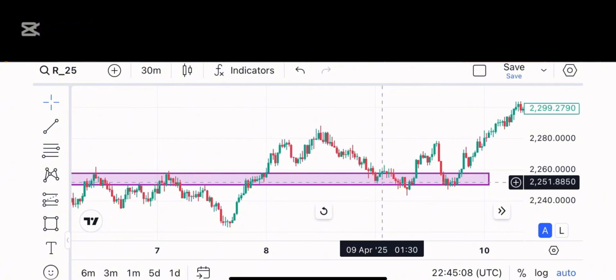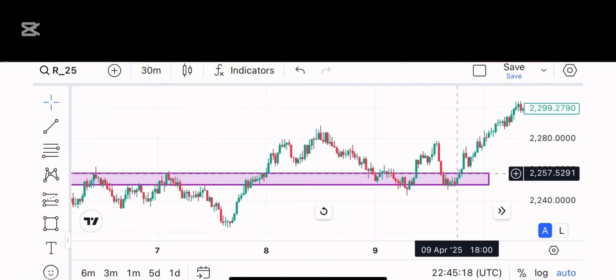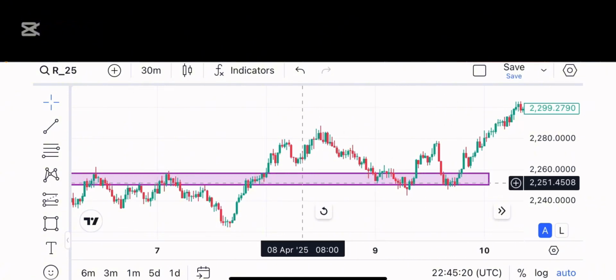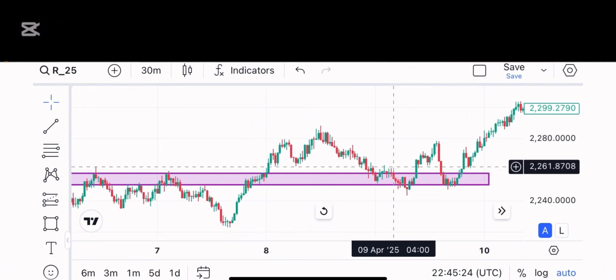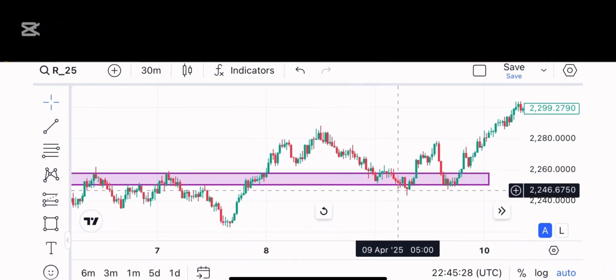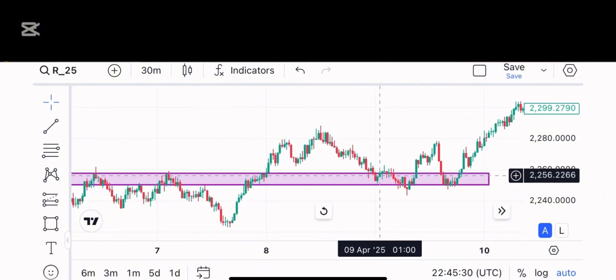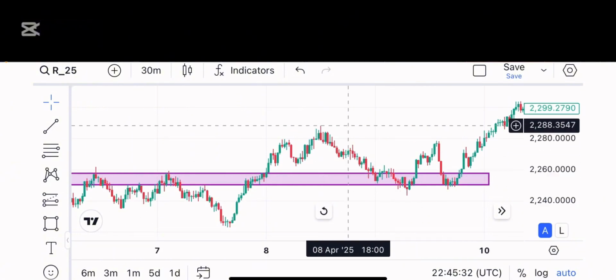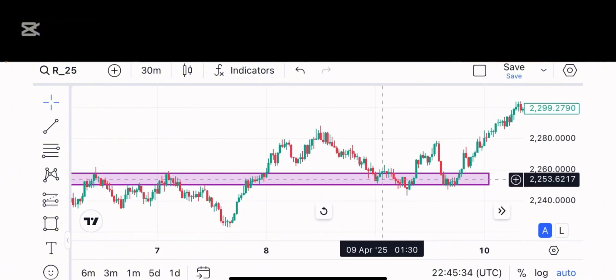What you're going to do is what we call the confluence of resistance and support. I told you there are two kinds of resistance and support: the horizontal resistance and support, and the inclined one, which you call the trend line. The reason you are not going to buy on this particular place is because this is the only resistance zone, at least in this time frame, that you can spot on this side.